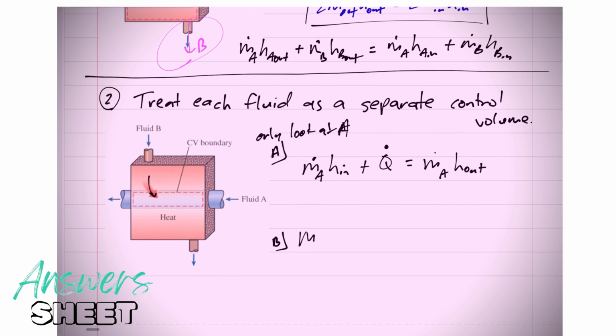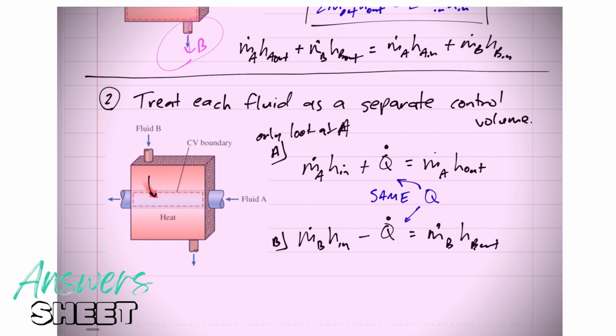Or m dot B, so B is the hot fluid, the heat transfer is going from the hot to the cold: m dot B h B in, minus the Q that it's leaving, equals m dot B h B out. This is the same Q, same value for Q right here and here. Doesn't that make sense? I think that makes sense.